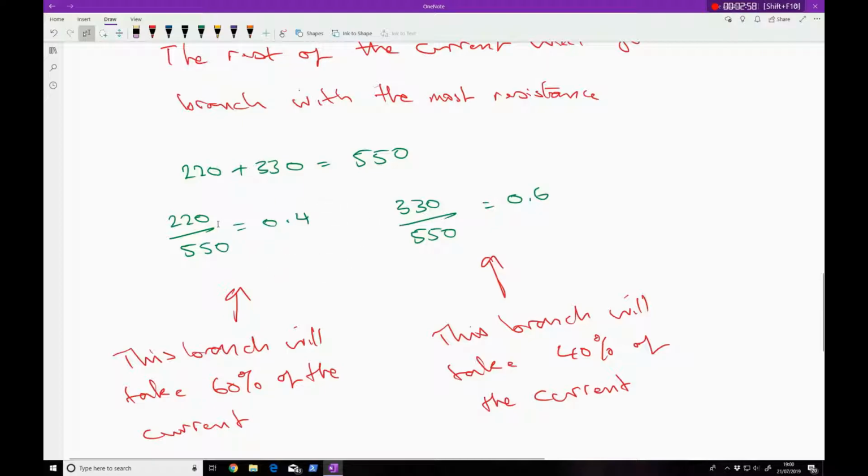So if we understand that 220 ohms is only 40% of the total resistance, then 60% of the current will go there. And if we understand that 330 ohms is 60%, by the way, of the total resistance of them together, not the total circuit resistance.